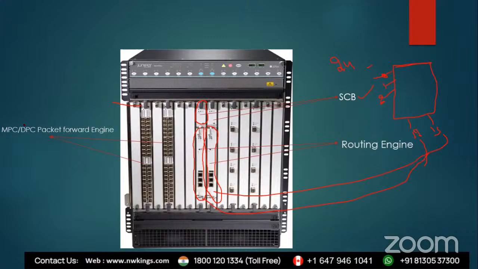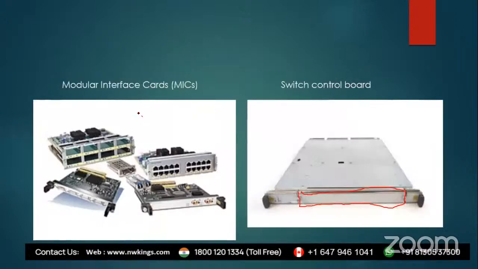In the DPC cards, you will not find any MIC cards. DPC cards are fixed ones. The architecture of DPC cards is old, these are old line cards, and you will see fixed interfaces. However, in MPC cards, according to your requirement, you install MICs.